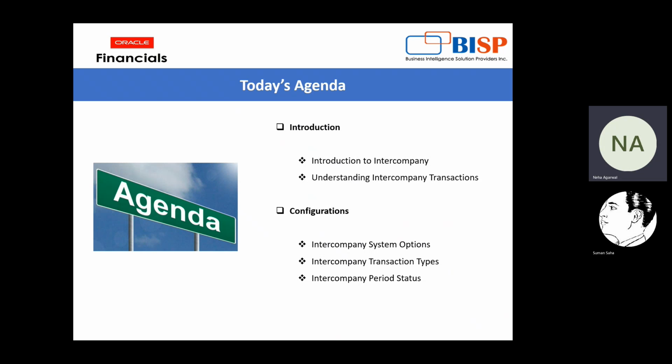And in the upcoming sessions, we'll see all the configurations and then how the transactions are managed in Oracle Fusion, which relating to the intercompany. So let's begin with the introduction.